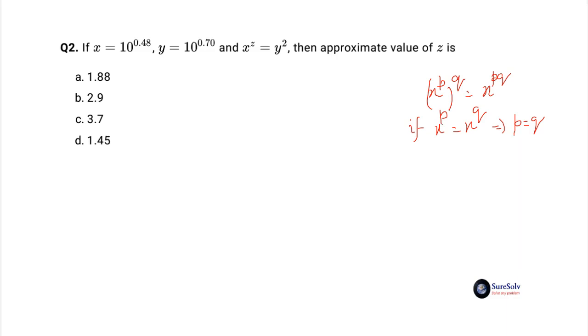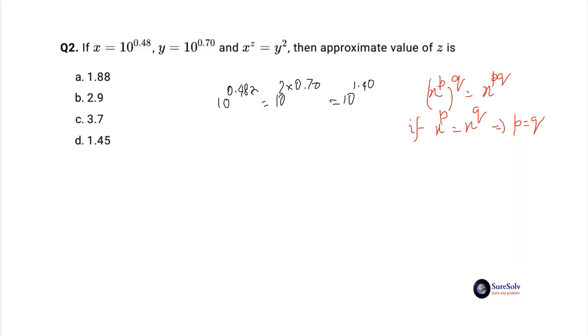In our problem, the first step we take is to substitute the values of x and y in the third equation. The result is 10 to the power 0.48z equals 10 to the power 2 times 0.70 equals 10 to the power 1.40. We have used the first concept on indices.